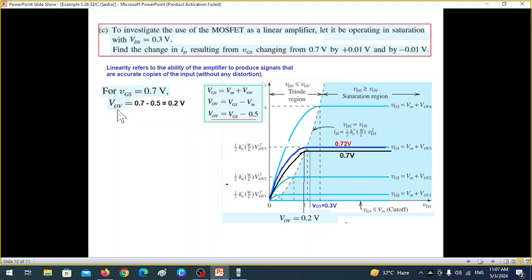So we can calculate VOV, which is VGS 0.7 minus VT. This we are using, this formula. VT we know is 0.5. That will be VOV 0.02. Over this line where it is touching this locus, and if we draw it down, this should be 0.02 volt VOV.